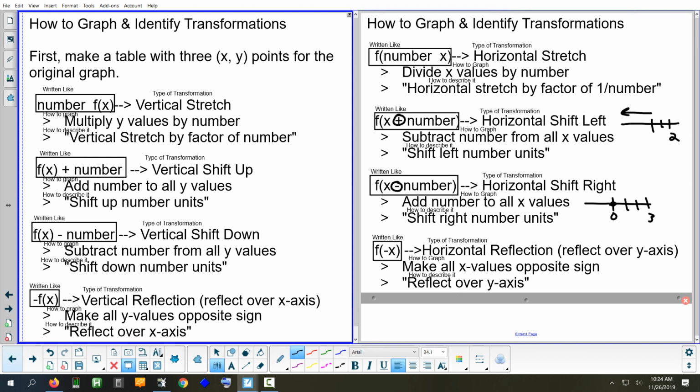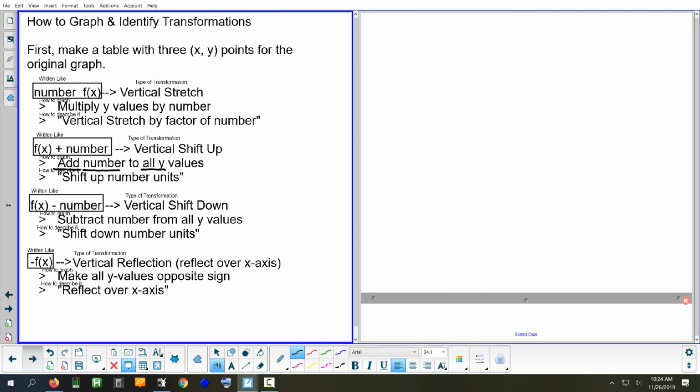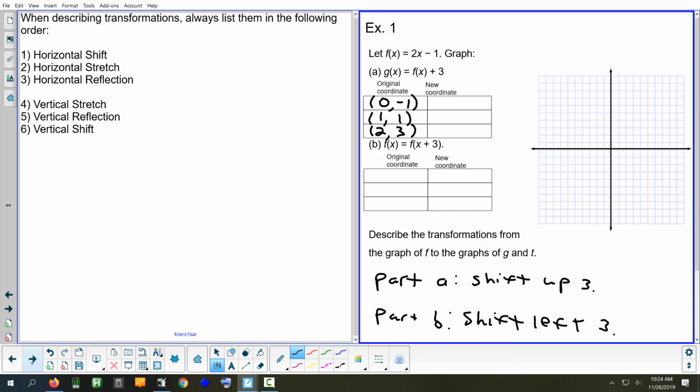When you shift up, it says to add the number to the y. Okay, so what's our number that we shifted by?